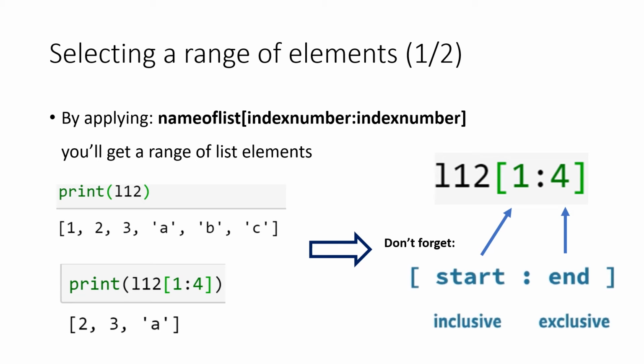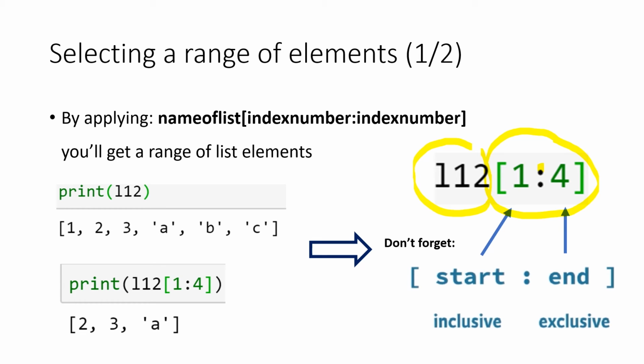So now comes also a very important part of Python, and that is selecting a range of elements. So you can either select a single element, but also a range. And we do this again by first calling our list, and afterwards we call our index number again. But this time we don't call for one element, we call for two elements by using the double points in the middle.